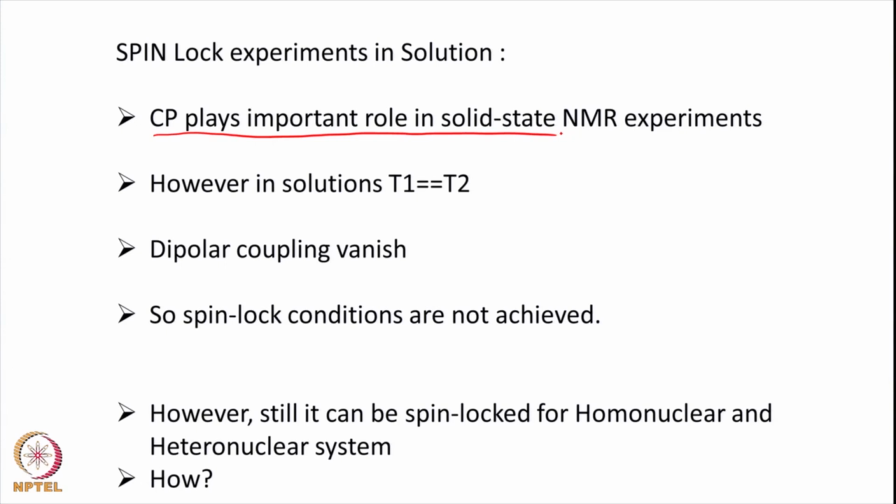But in the liquid state, CP may not work, because typically in the liquid state the T1 relaxation time and T2 relaxation time are more or less equal, and therefore the like spins do not have dipolar coupling. Simply you can visualize it: the spins are orienting randomly on a very rapid scale, and therefore the dipolar coupling, which is distance dependent, will vanish, because the direction is changing all the time and the distance is changing.